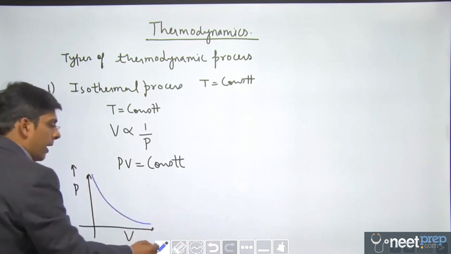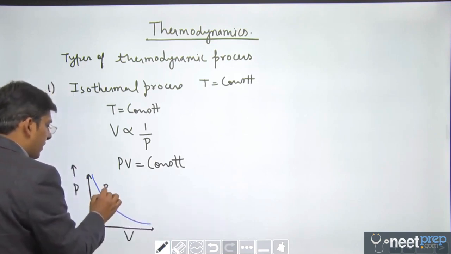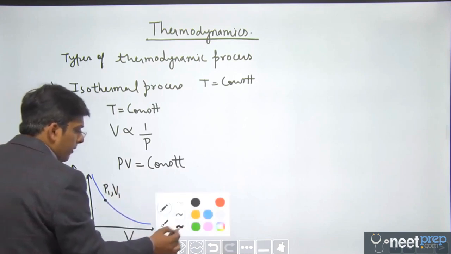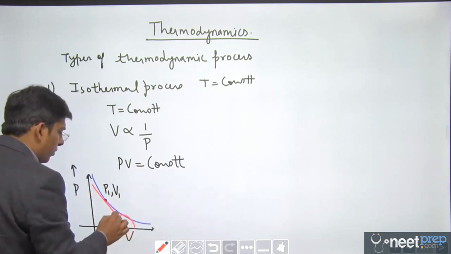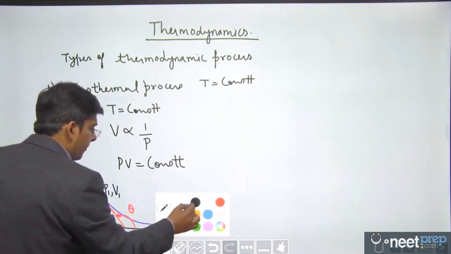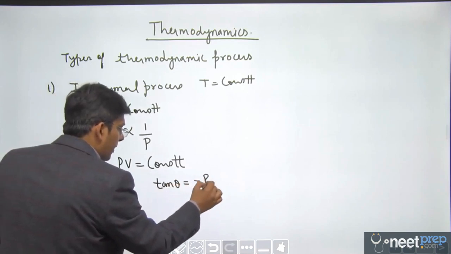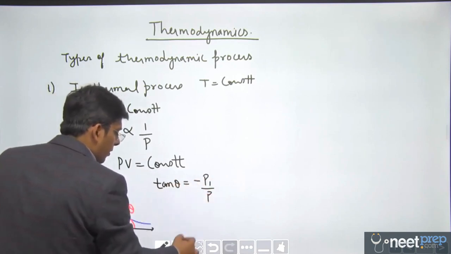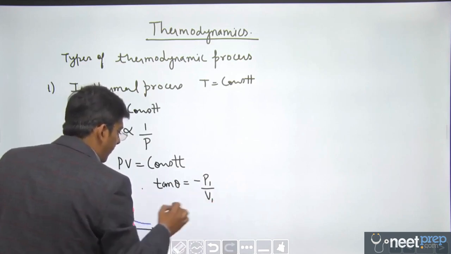And if there is a point where pressure is P1, volume is V1, and we draw a tangent at this point, then the slope of the tangent at this point is minus P1 by V1, right? So slope of the isothermal curve is minus P by V.